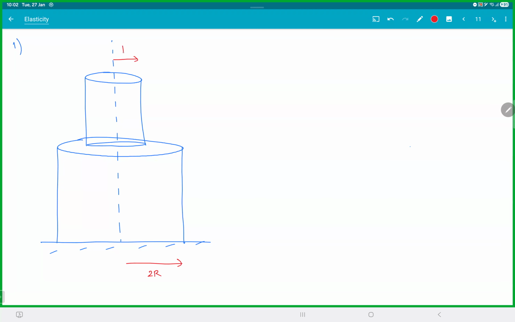This cylinder's radius is r. This length of the cylinder is L. This length of the cylinder is also L. So you can take this point as x is equal to 0, this point as x is equal to L, and this point as x is equal to 2L. So x is measured from the top. These are solid cylinders.